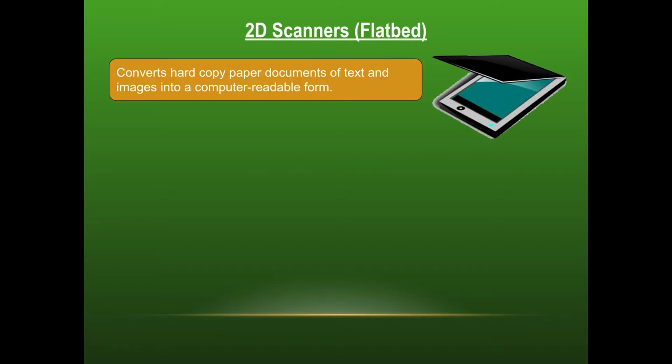Now, what it creates is an image of the text. That doesn't necessarily mean that it is editable text. It's actually creating an image, and then depending on the software that is available, you might be able to edit that image.